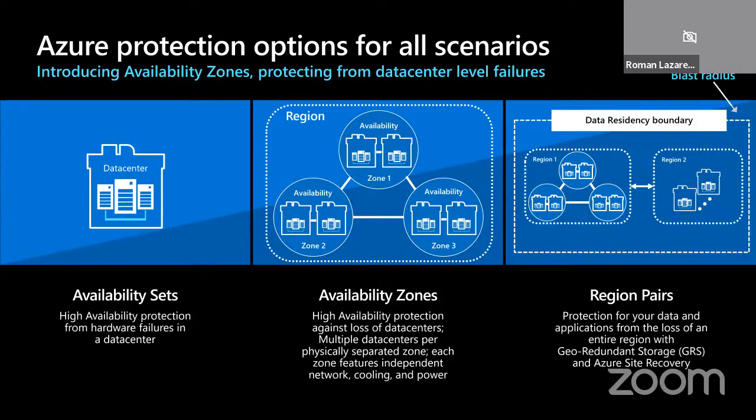Another type of data protection is GRS, which is geo-redundant storage, where your data is replicated to another paired region. As we'll see later in the presentation, there is also ZRS, which is zone redundant storage, and GZRS, which is geo zone redundant storage, which not only replicates between the zones but also replicates to a paired region.